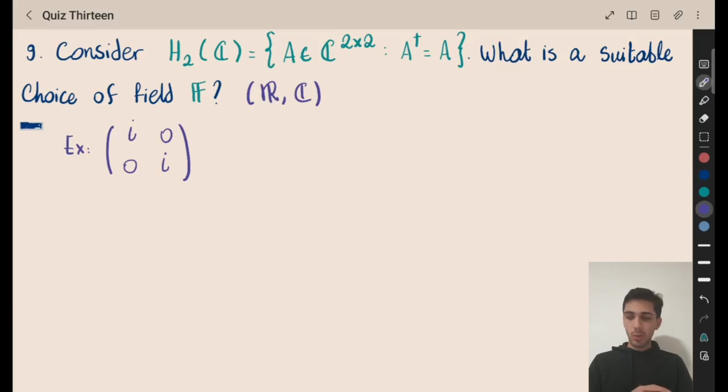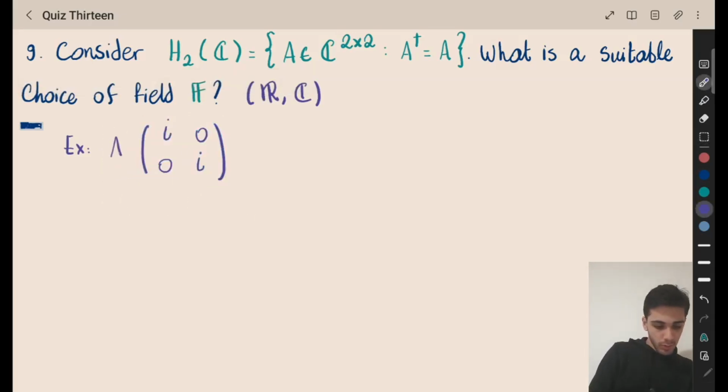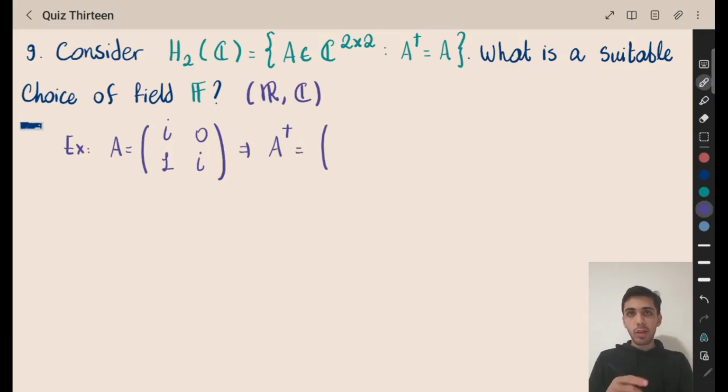But anyway, what precisely does the dagger mean? If this is your matrix A, then A dagger is the complex transpose. Let me maybe write 1 and 0 here. The first thing I do is transpose the matrix. The rows become columns and the columns become rows.